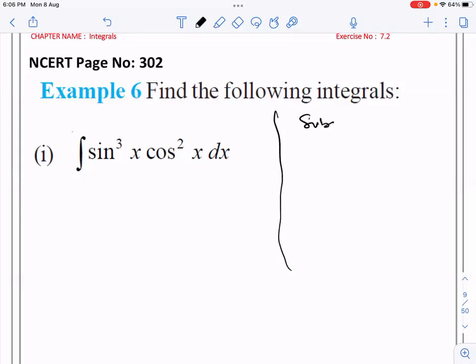Here we are going to use the substitution method to solve problems. And second, whenever you're thinking of substitution, check for the functions in such a way which one is the derivative of the other. For example, here we have a combination of sine cube x and cos square x. So we know the fact that sine and cos are derivatives of each other. Is that right?